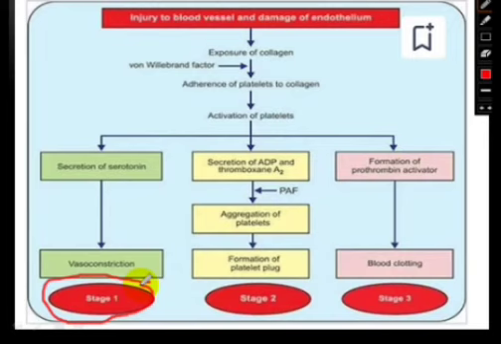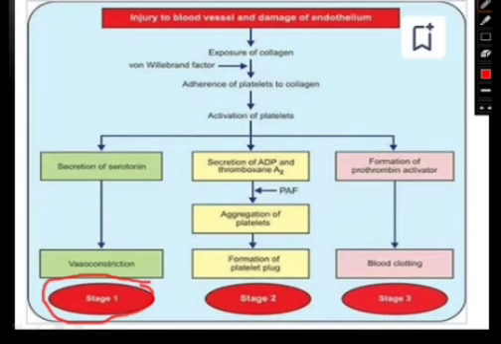Two things: vasoconstriction or vascular spasm refers to the strong contraction of the smooth muscles in the blood vessel, and also the strong constriction of the blood vessels themselves.